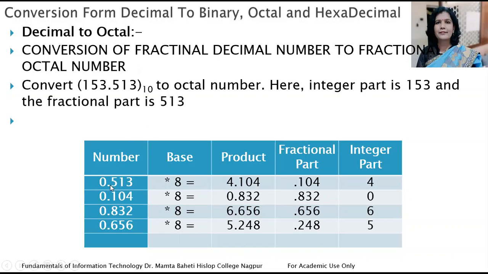So our fractional part is 0.513 multiplied by 8 gives me 4.104. So 0.104 will be fractional and considered for next multiplication. This is considered here for next multiplication, और जो integer part है वो मैंने separate कर लिया. Same goes here. Okay. So up to 4 digits we have done the calculations.